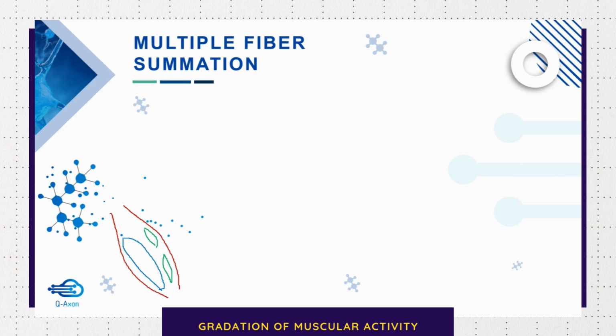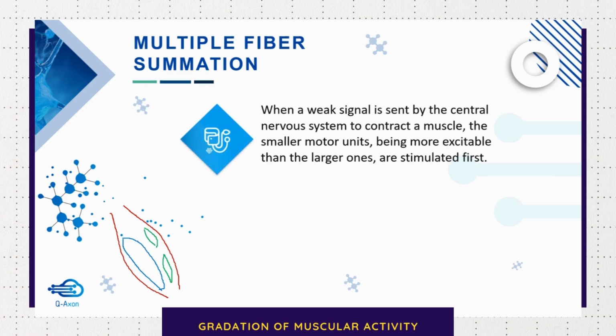Now, apart from summation in a single muscle fiber, the other mechanism by which the skeletal muscle increases its force of contraction is by progressive recruitment of motor units. So initially, when the nerve signal is weak, it is the smaller motor units which respond.